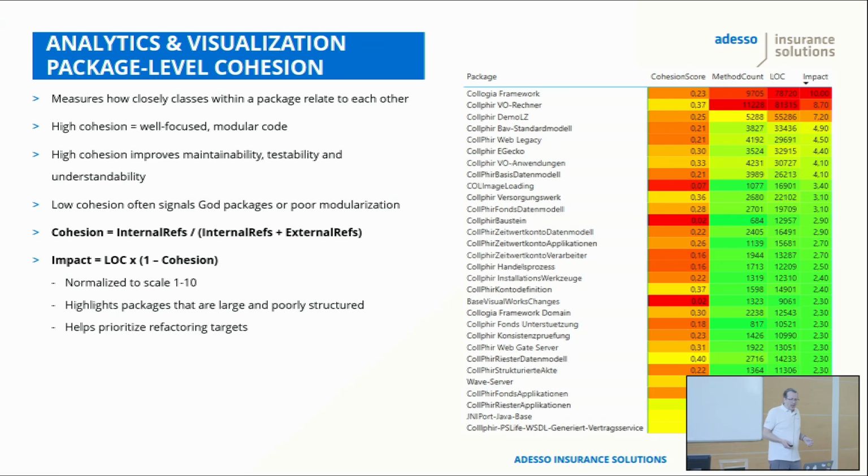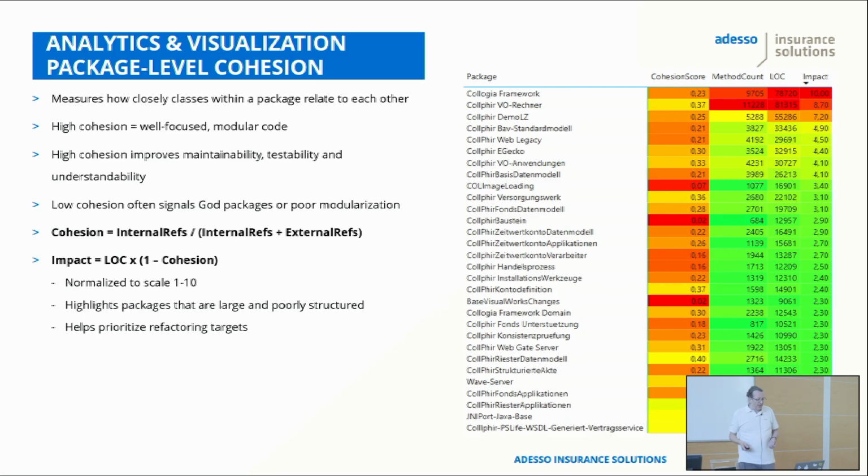The next thing I was looking at is a heat map, also a package level thing. It's about cohesion. Cohesion, as you probably know, is a measurement to show how closely classes within a package relate to each other.